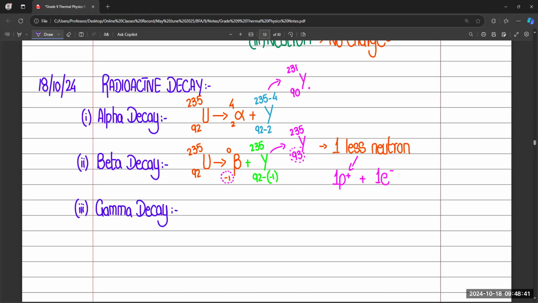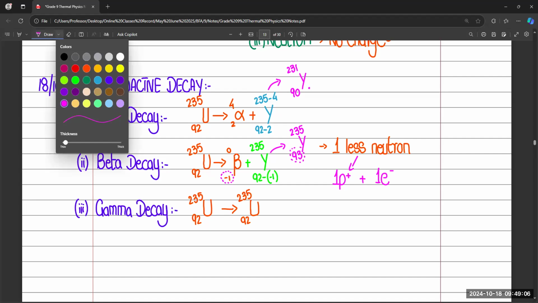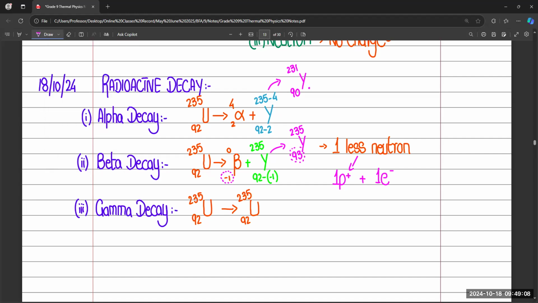So if we consider the same element, uranium 92, 235, it will give you the final result 92, 235. Because gamma is neutral, there is no charge on gamma. So that's why we are getting the same uranium in your result.